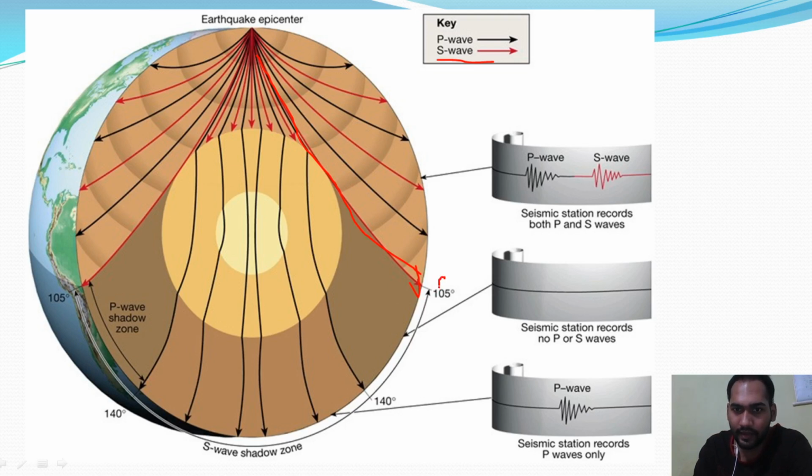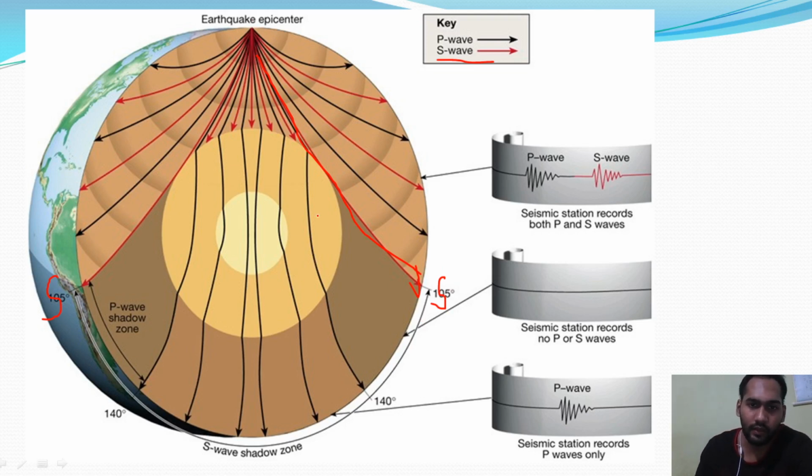This is S, and here you will get S. In either direction you will get direct S wave, right? That means it is the maximum angle at which you are getting only S, not reflected. It is the direct S wave coming from the source itself, right?